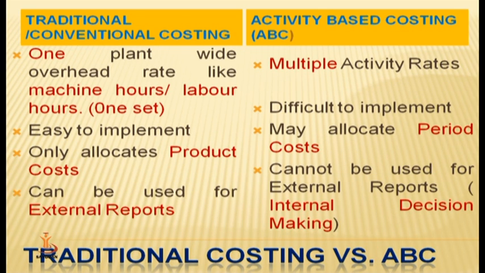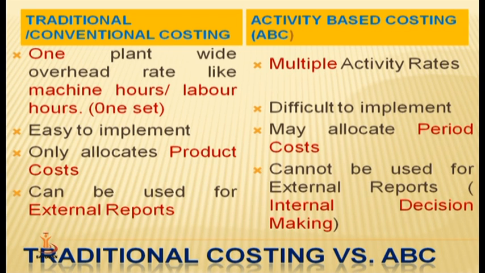The traditional costing method has one plant-wide rate, for example, mostly the machine hours and labor hours are calculated. So in the traditional costing method, only one plant-wide overhead rate is calculated. Whereas in activity-based costing, multiple activity rates are calculated.